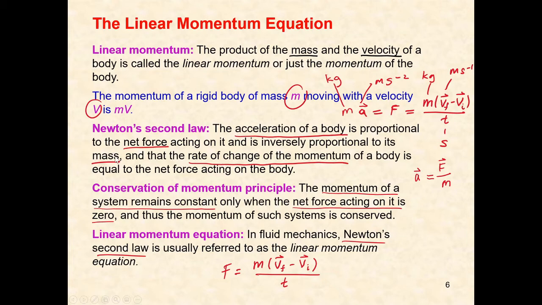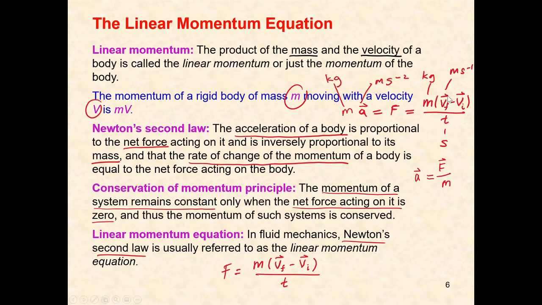So we take F divided by the mass m. The acceleration is directly proportional to the force but inversely proportional to the mass, and that is the rate of change of momentum.